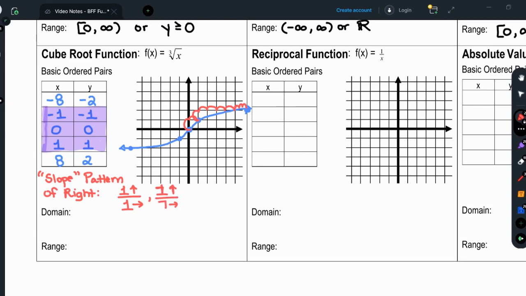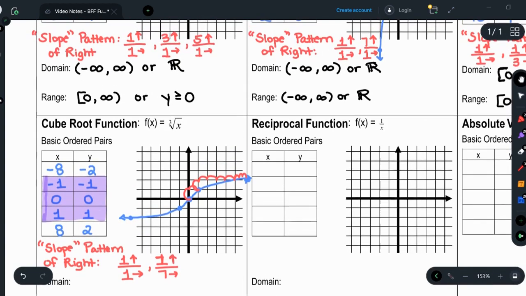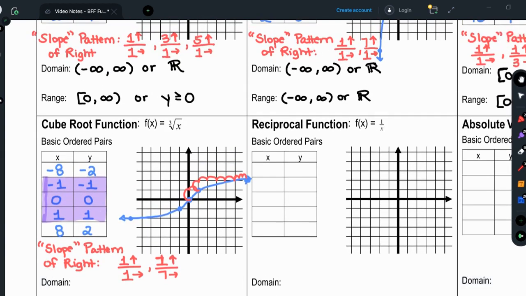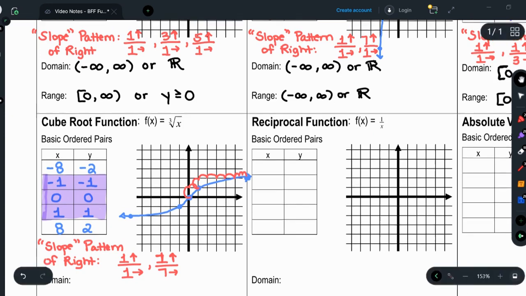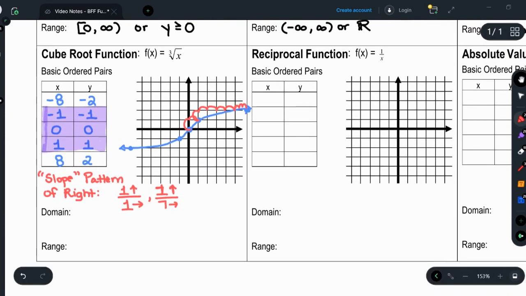If you notice back up here for our slope pattern for the cube function, I went up 1, right 1, and up 7, right 1. So this is very similar to that. I just go up 1, right 1, and up 1, right 7. So instead of going up 1, up 7, I go right 1, right 7, just to show you how it connects.